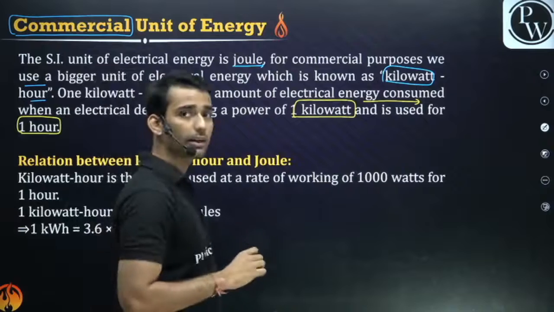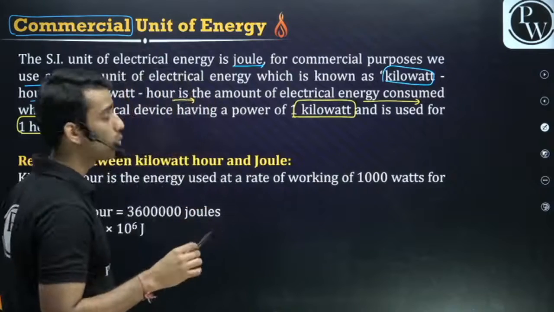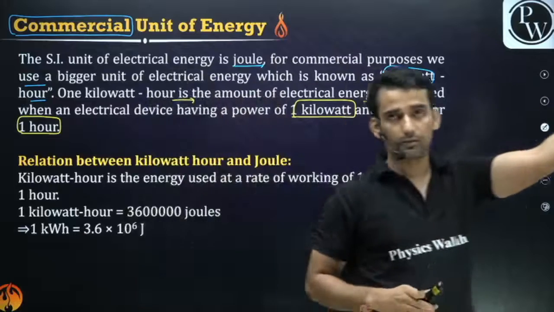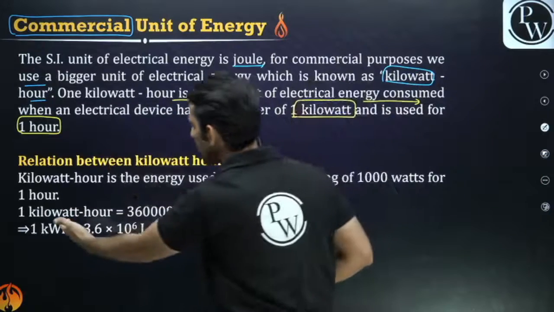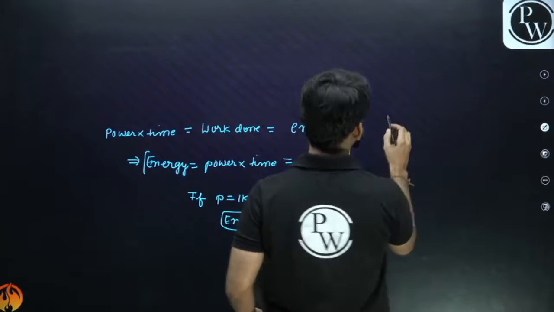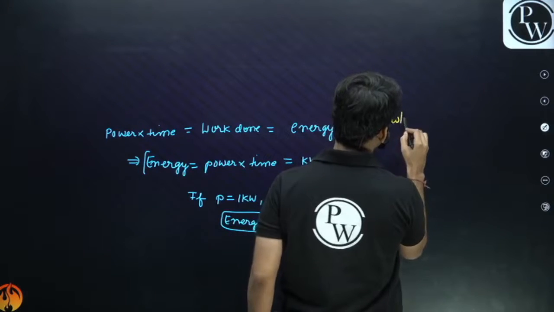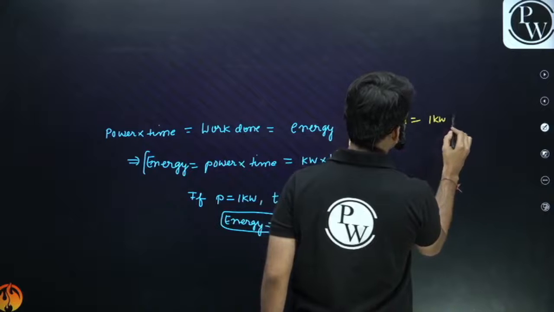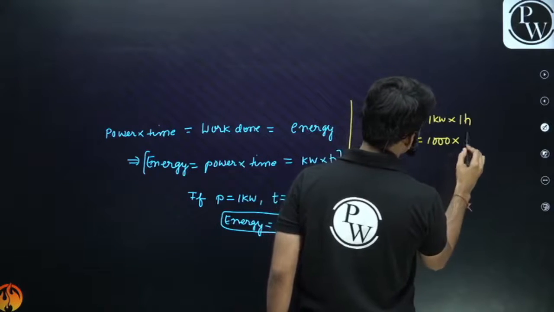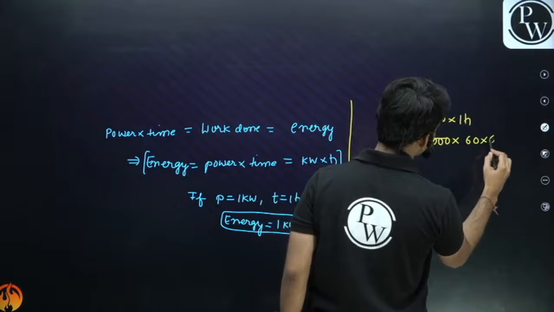Now what is the relation between kilowatt hour and joule? Both are units of energy, but kilowatt hour is the bigger unit of energy, right? So 1 kilowatt hour is 1 kilowatt into 1 hour. 1 kilowatt is 1000 watt. 1 hour is how many seconds? 60 into 60.